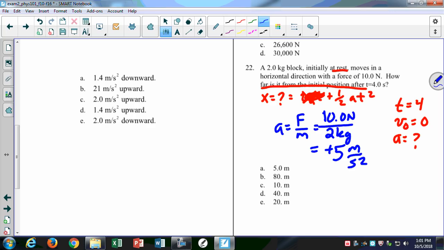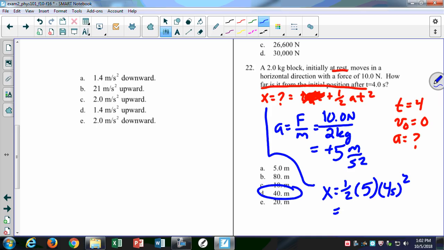You with me on this? Yeah? So now I can take it here and I say x is equal to 1/2 of 5 times t squared. T is 4 squared, so that's 8 times 5, or 40 meters. Okay?